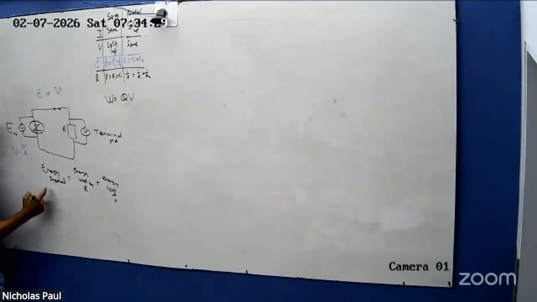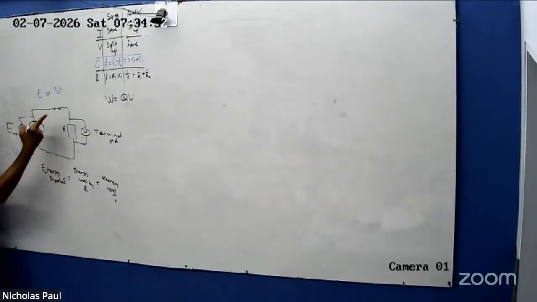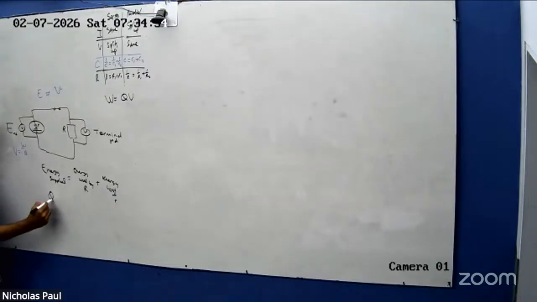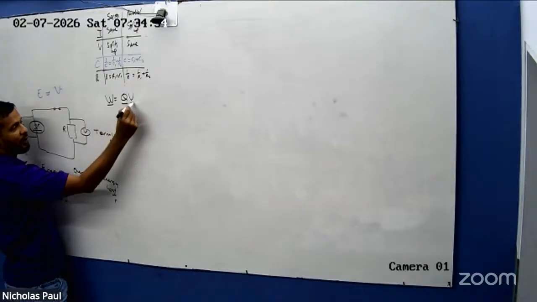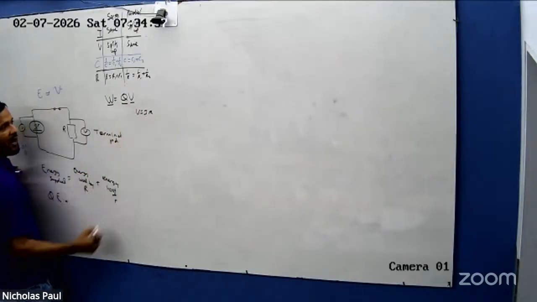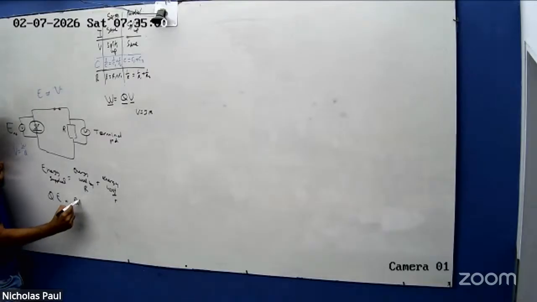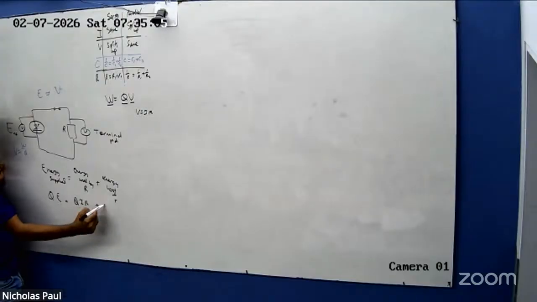You should remember that energy is like Q by V. In this case, it's Q by E, let's call this E. Remember, energy is equal to Q by V and V is equal to I by R. So can we write Q I by big R, and here will be Q I by small r, and I can cancel these off.